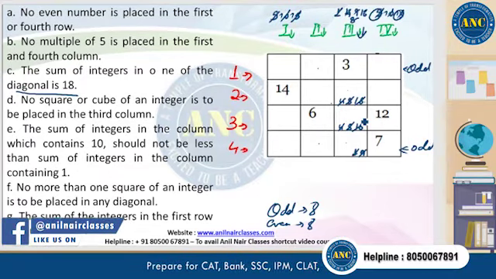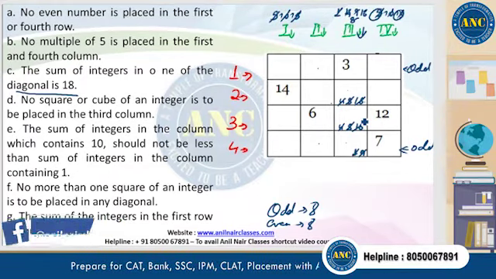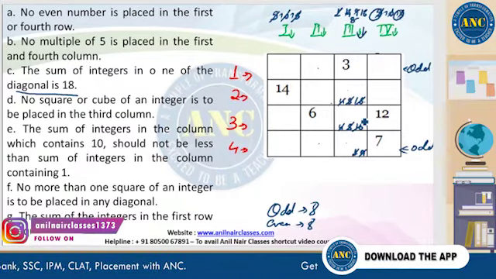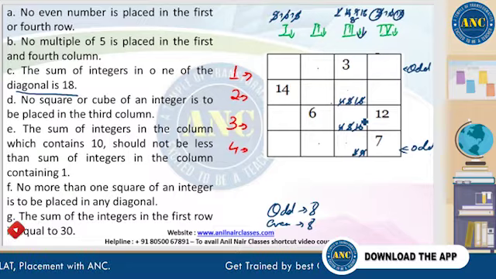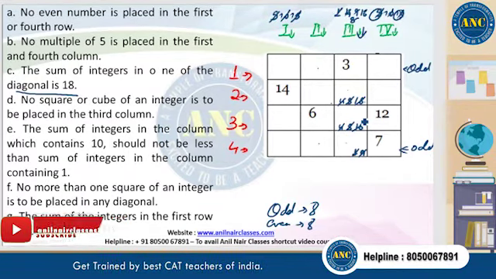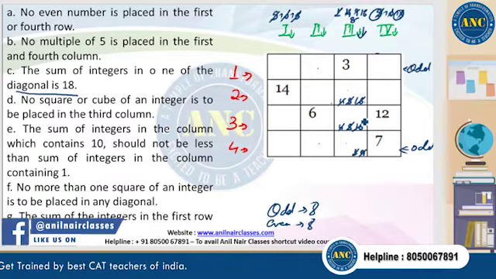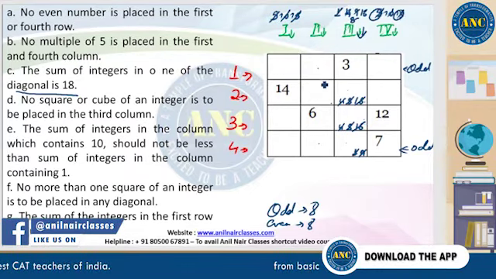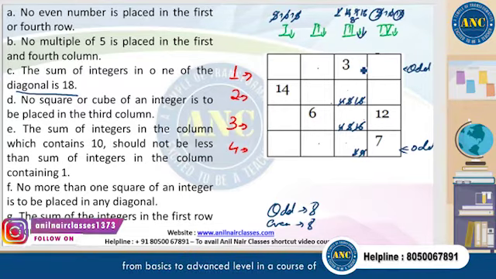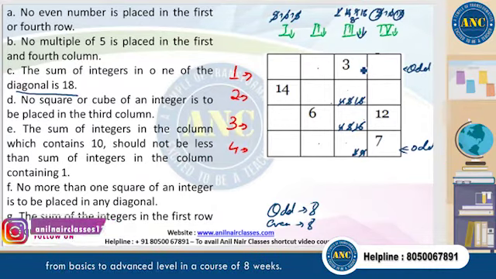The sum of integers in the column which contains 10 should not be less than the sum of integers in the column containing 1. So whichever column contains the 10, we know 10 has to be in either the second column or the third column. Why? Because we cannot have 5, 10, and 15 in the first and fourth column.